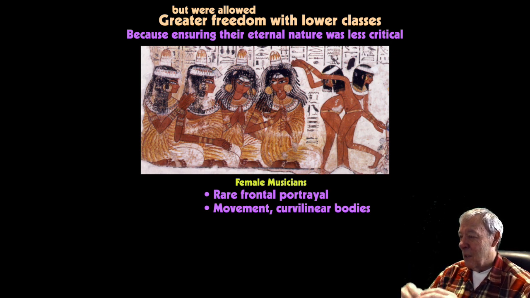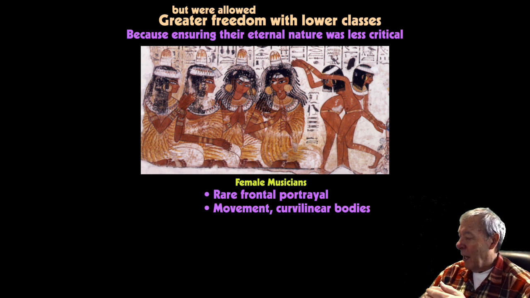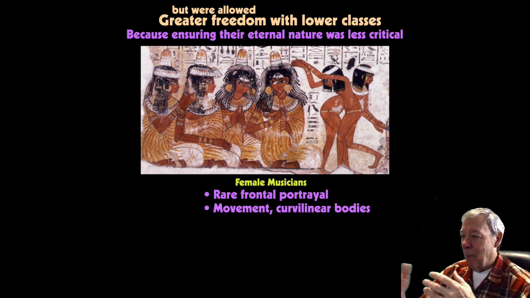And so this is an indication of lower class, just as the experiment with the faces probably is. So a very interesting treatment of lower class individuals, where the Egyptian artist was allowed greater freedom because the eternal nature of those people was not dependent upon a proper portrayal of the imagery.